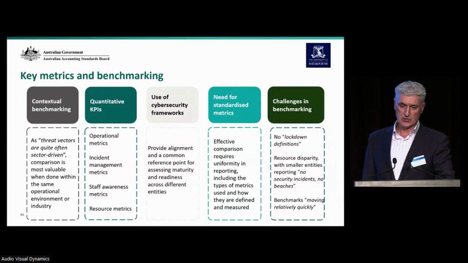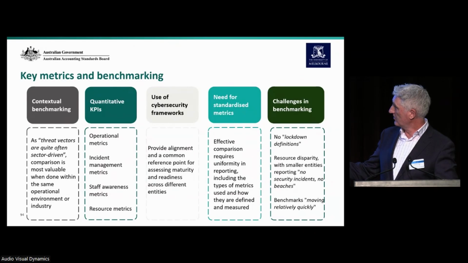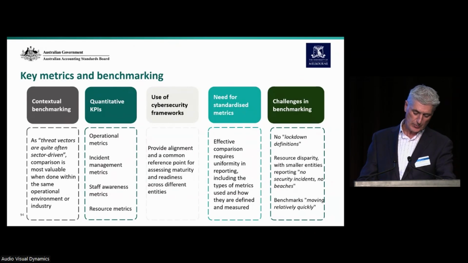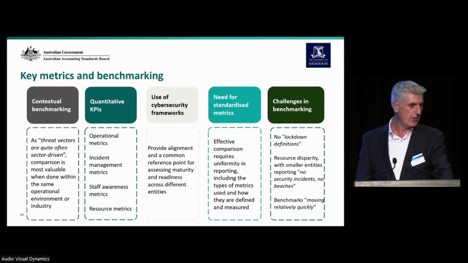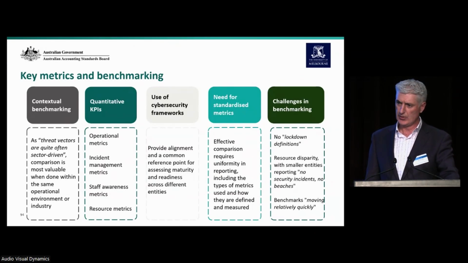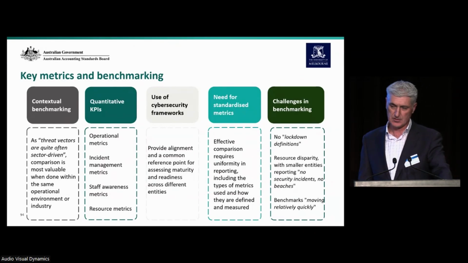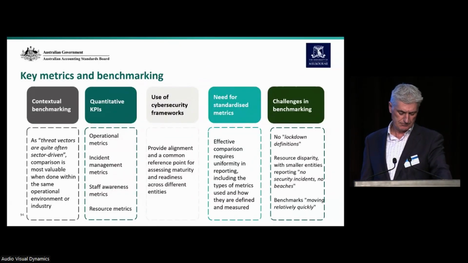The interview participants also highlighted some of the quantitative KPIs that they find most relevant, and these were categorised into those four categories there. Operational metrics, such as how quickly devices are patched. Incident management metrics, such as the number of incidents or threats that have occurred or been investigated or averted, as well as detection and recovery rates, are also considered to be relevant.